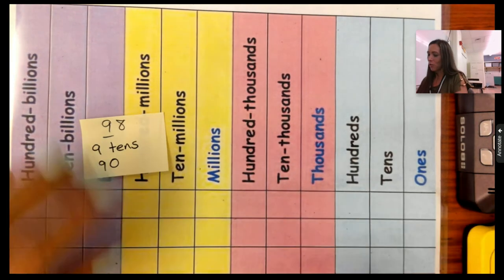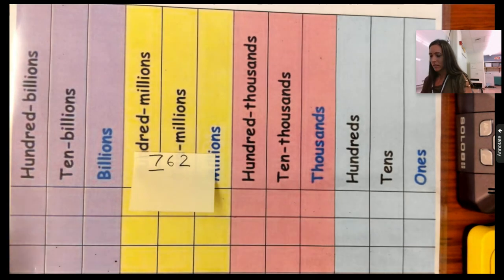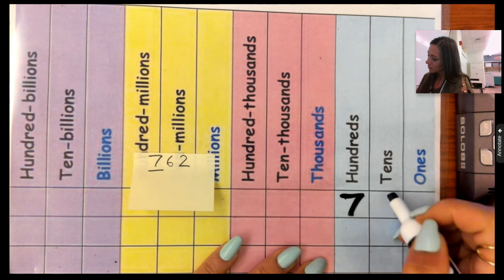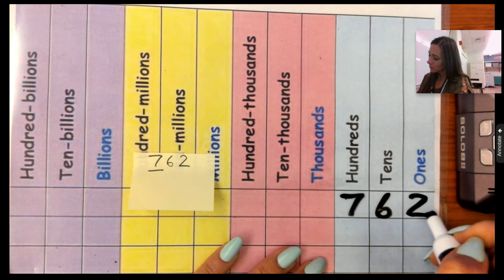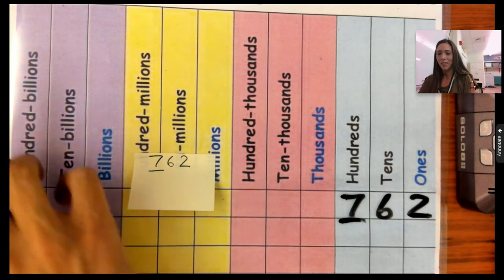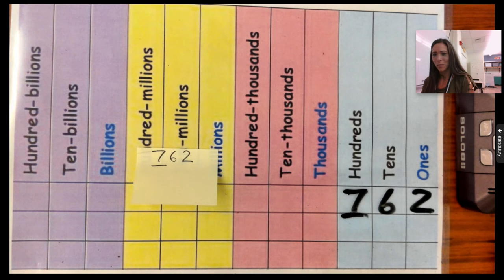Let's try a couple more. How about this one? 762. And talking about the value of the 7, think about it for a minute. What are 2 ways we could write the value of that 7?